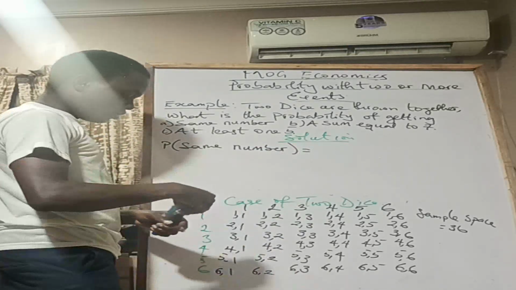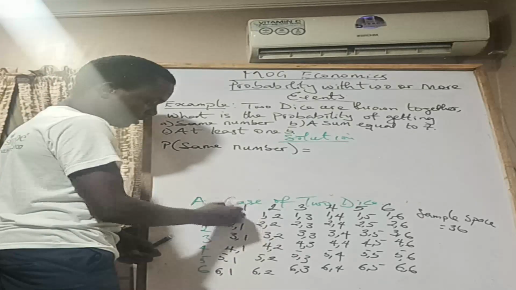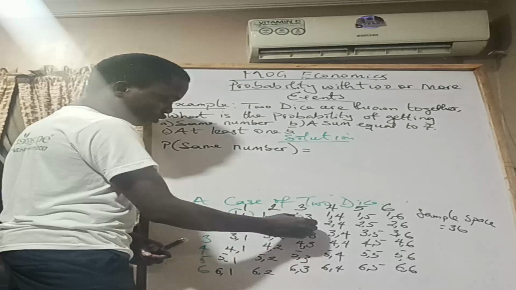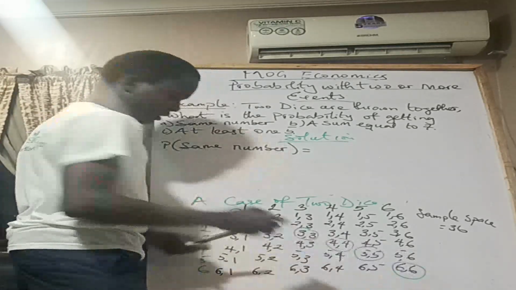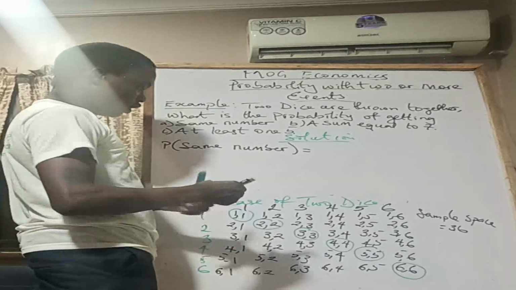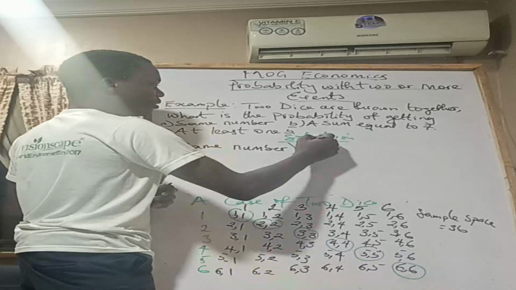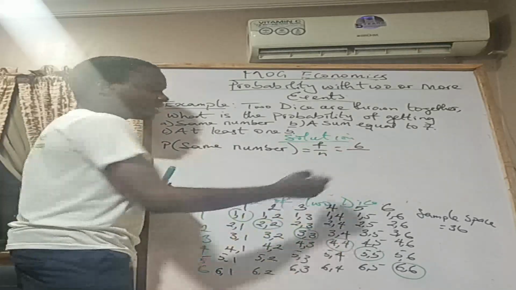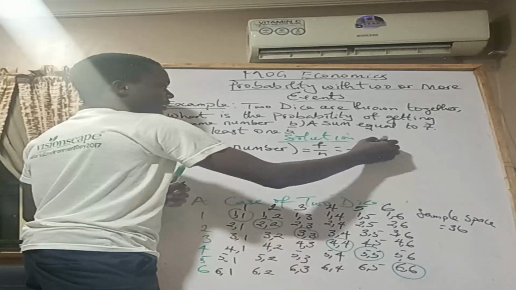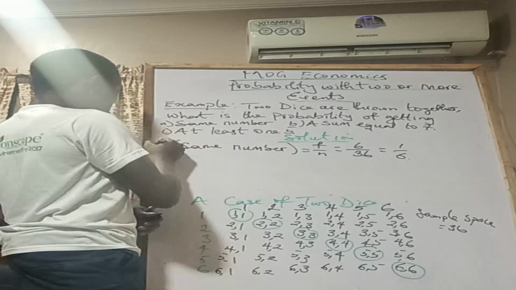For the same number, you have 1, 1, 2, 2, 3, 3, 4, 4, 5, 5, and 6, 6. That's the only place where you get the same number. So you have how many of them? 1, 2, 3, 4, 5, 6. Remember our formula, f over n, right? So we have 6 divided by the total sample space 36, and that gives us 1 over 6. Simple. Now that's for A.